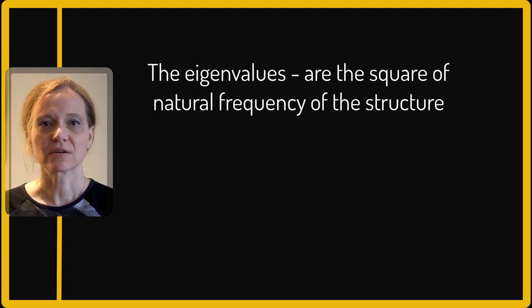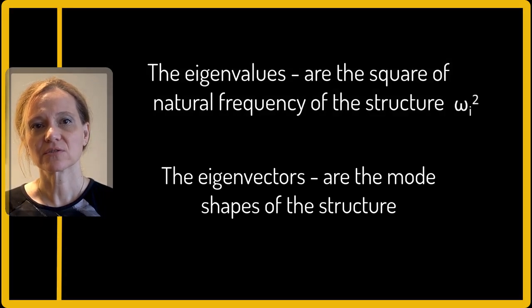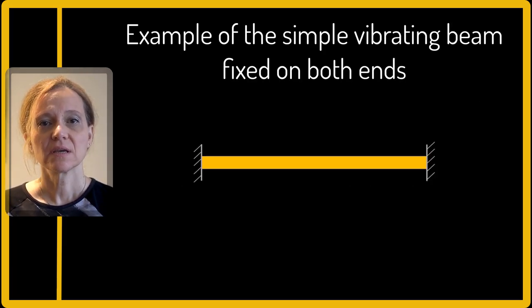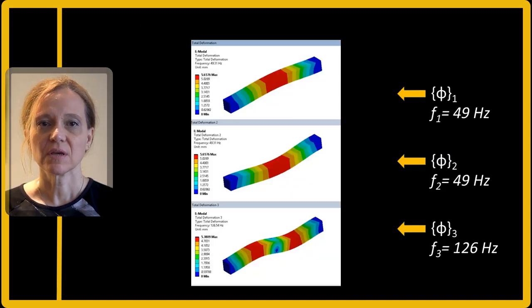The eigenvalues are the square of the natural circular frequency of the structure, omega, and eigenvectors are the corresponding mode shapes, phi. In the example of the simple vibrating beam fixed on both ends, if the beam displays a mode shape of half of the sine wave, it would be vibrating in modes 1 or 2.